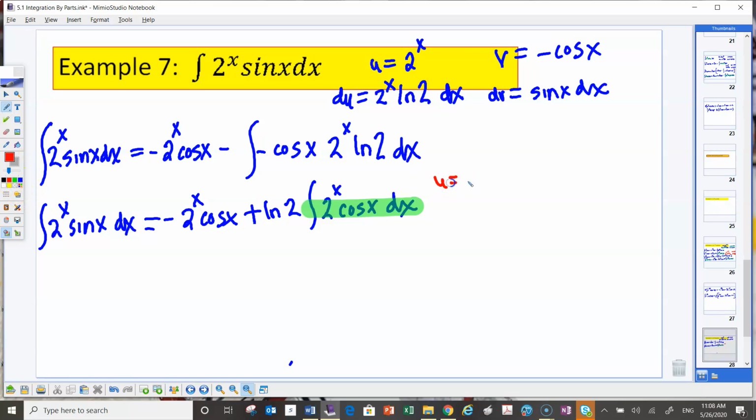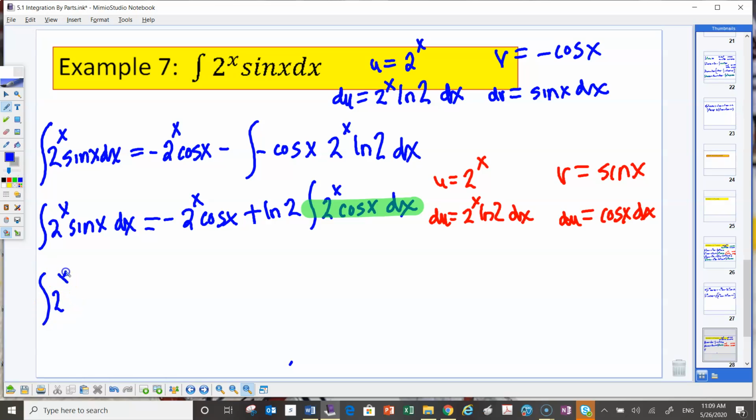So u is going to be 2 to the x. dv is cos x dx. So v is sine x. And du is again 2 to the x ln2 dx. So my original question again, 2 to the x sine x dx equals negative 2 to the x cos x plus ln2.